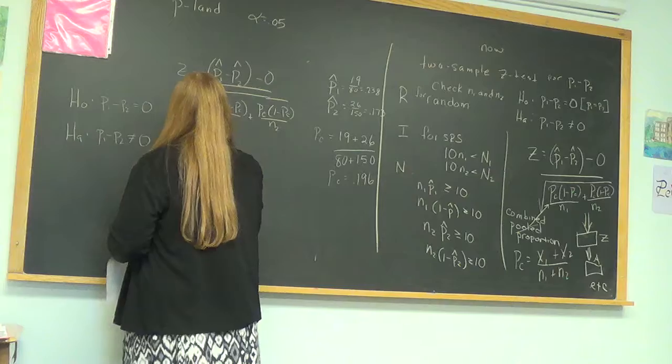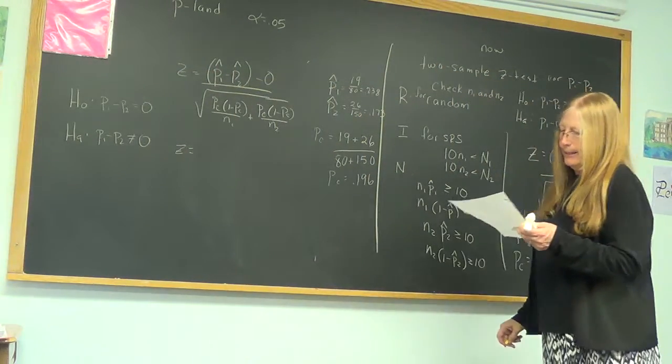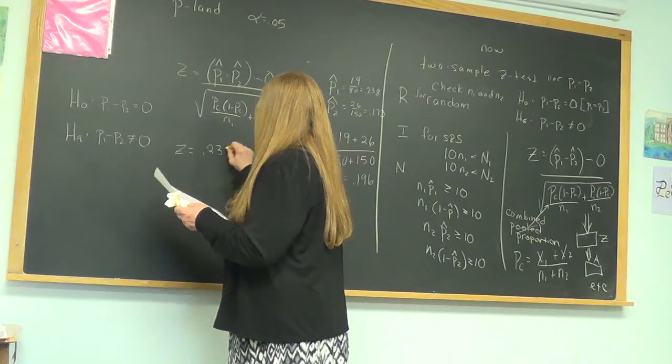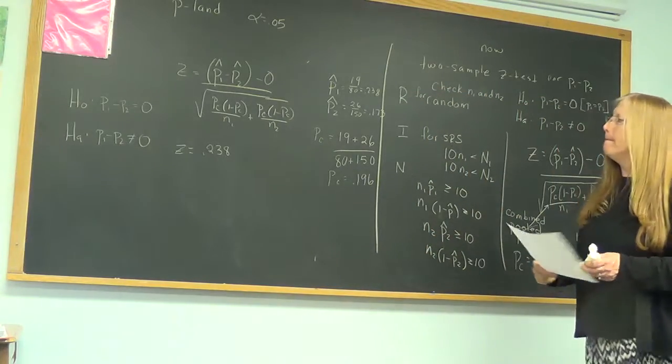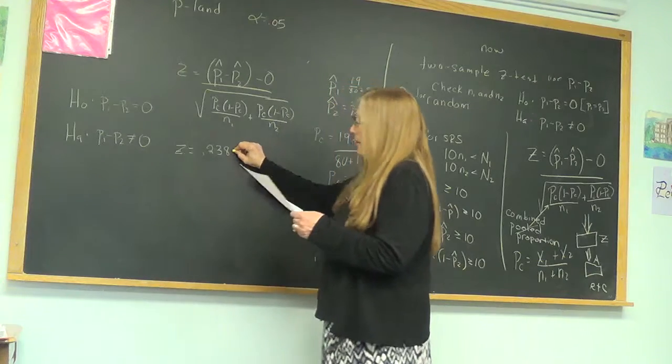All right, Bree, what numbers should we grab? P1 is 0.24. I'm going to put 0.238. Should we use 3 decimals? I would recommend it. Then our answers will be more like each other. All right, keep going, Bree.